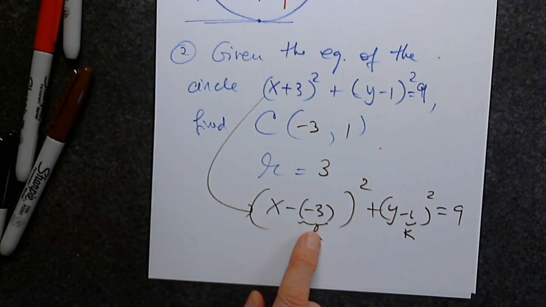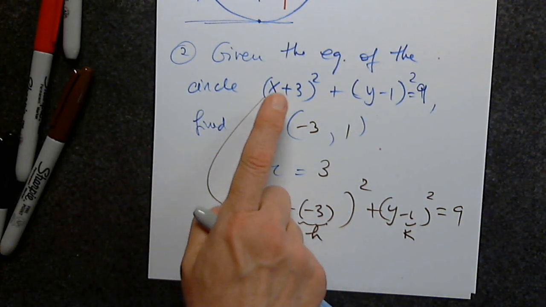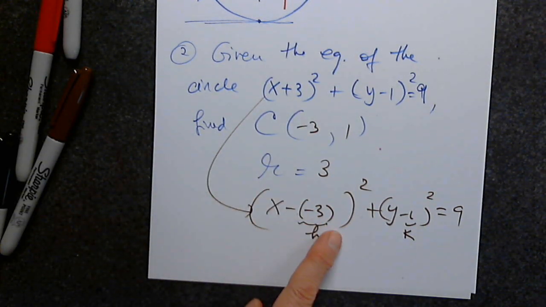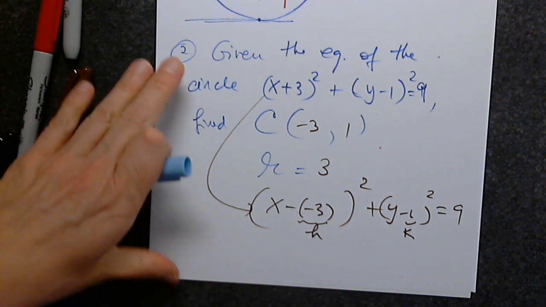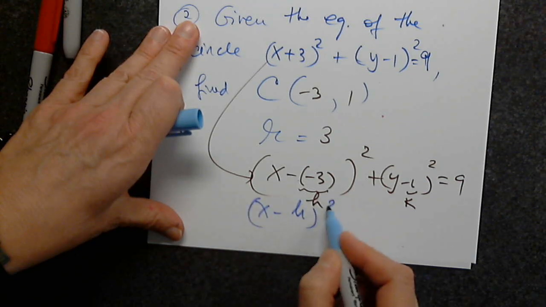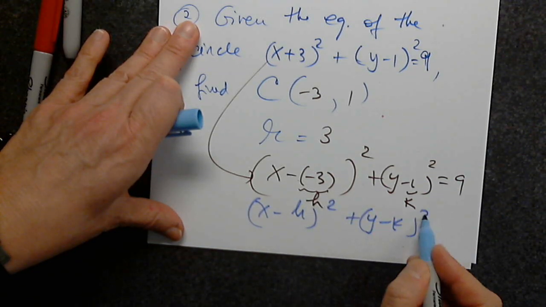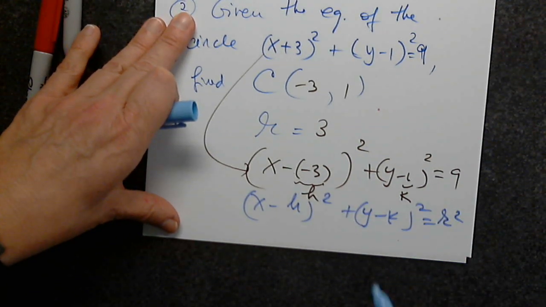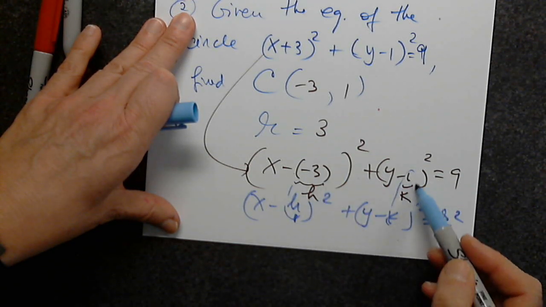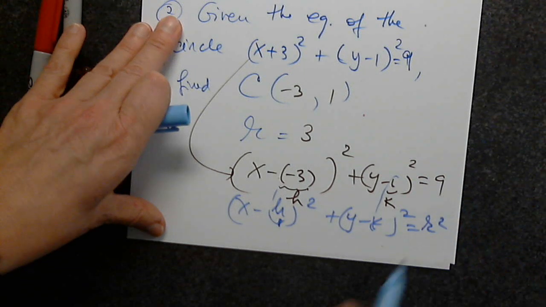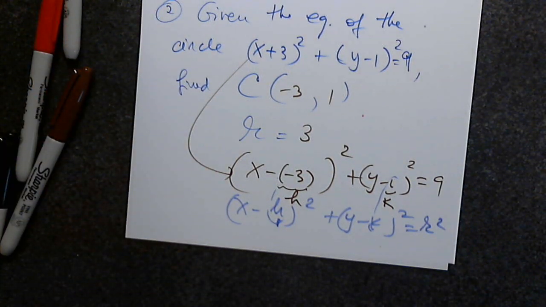That's also a very good explanation. Or you say x plus 3 is the same as x minus -3. Therefore this is the h, by comparing it to x minus h squared plus y minus k squared equals r squared. So that's how you get the h to be -3, the k to be +1 and the radius to be 3. Is that better? Everyone?